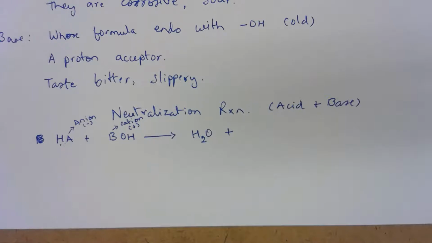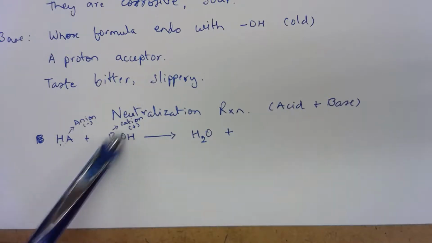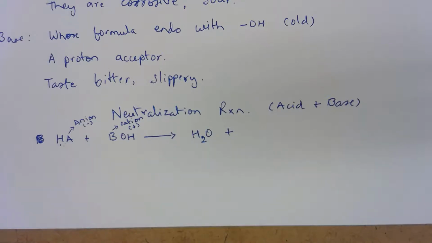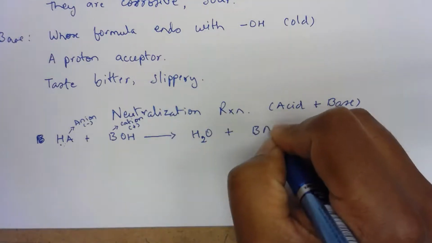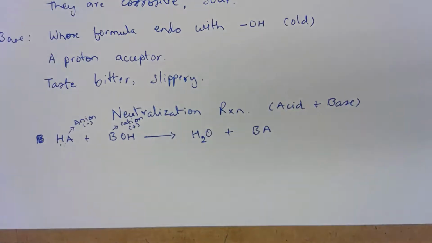It cannot be AB. Not that the base goes first, the cation goes first. In any chemical formula, the cation always has to go first. So you would end up with BA.